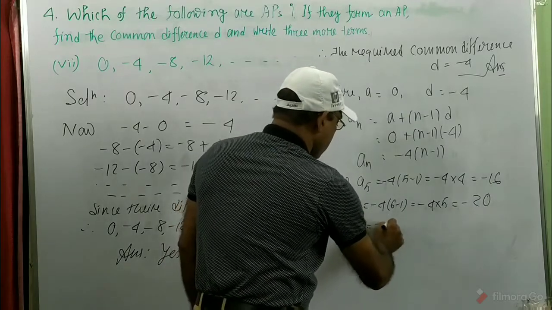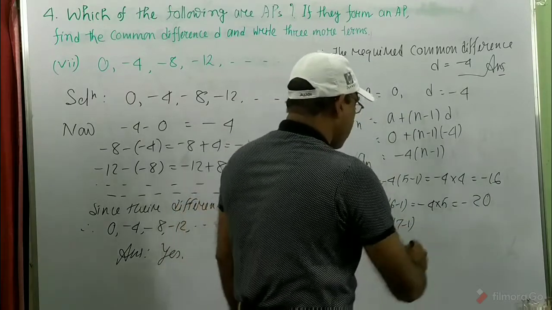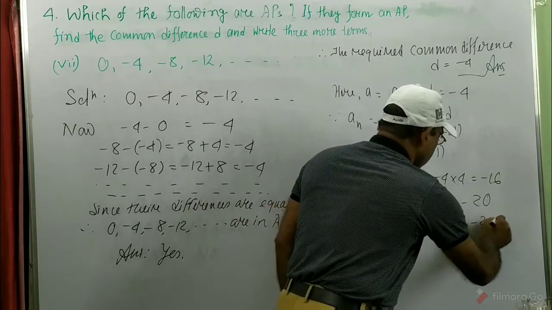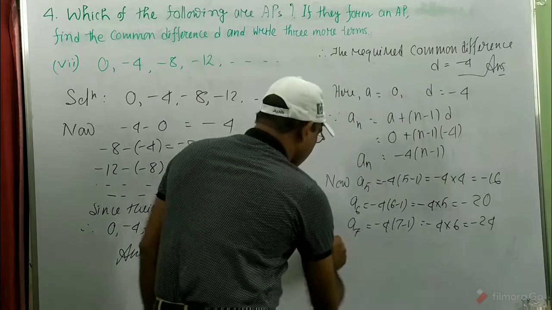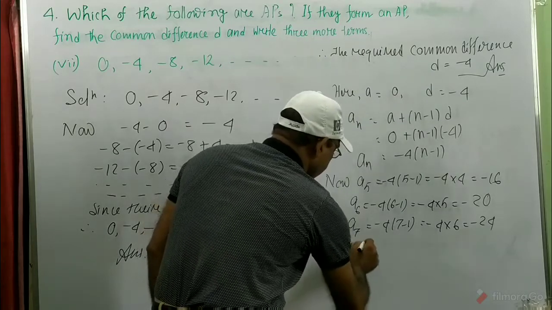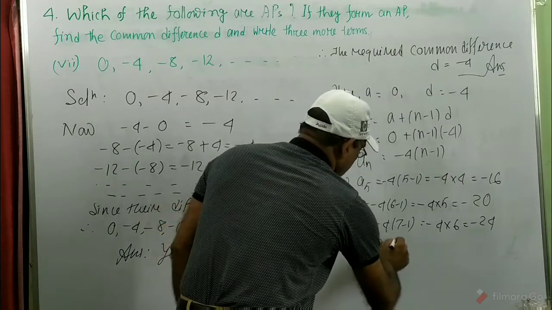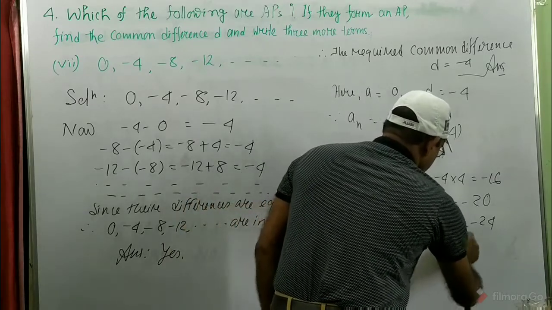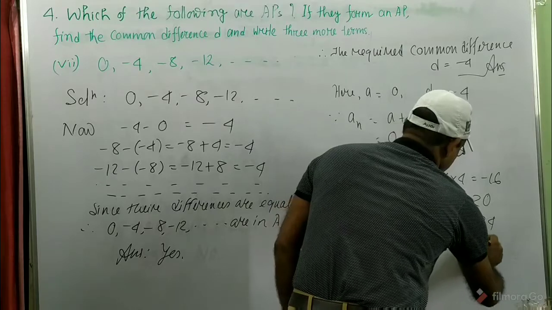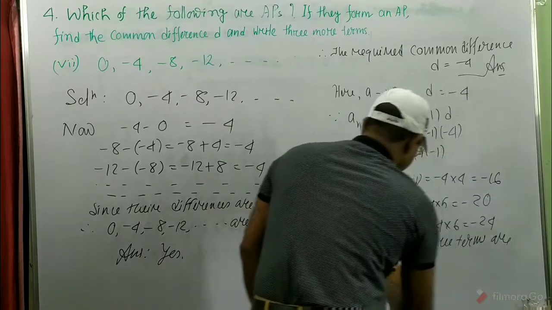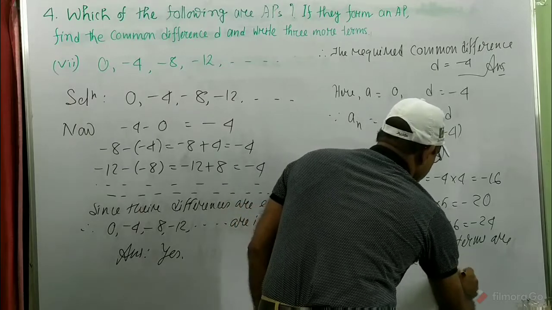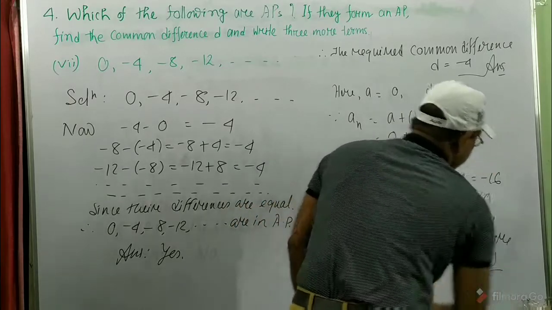A7, minus 4 into 7 minus 1, minus 4 into 6, this is minus 24. Therefore, the required three terms are minus 16, minus 20, minus 24. These are the answer.